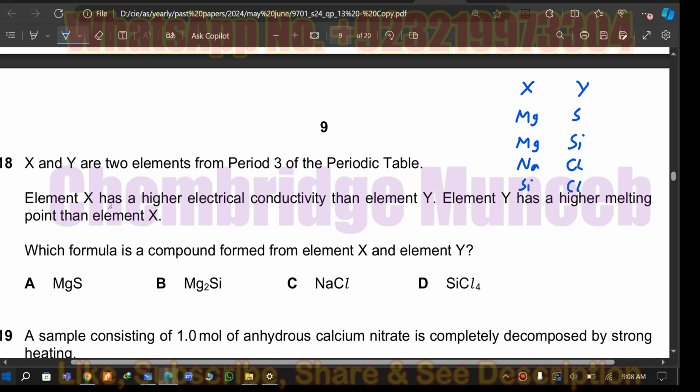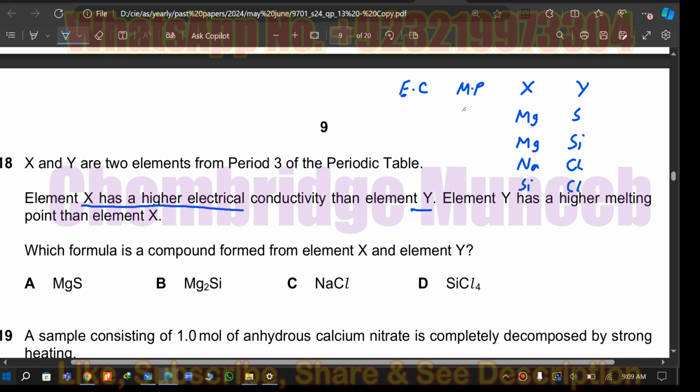Now according to this, X has a higher electrical conductivity than the Y element. So I can check this in the first combination. I need to consider both electrical conductivity and melting point.